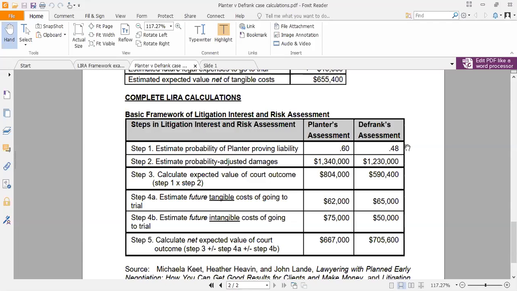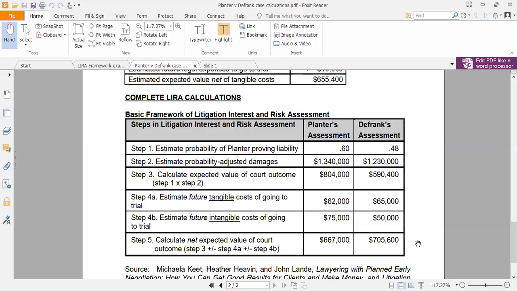And from the defendant's point of view, their intangible costs, which they value at $50,000, you add that in as well. And so that would give them a net expected value of court outcome of $705,000. What that means is that $675,000 would be in what is called the zone of potential or possible agreement.